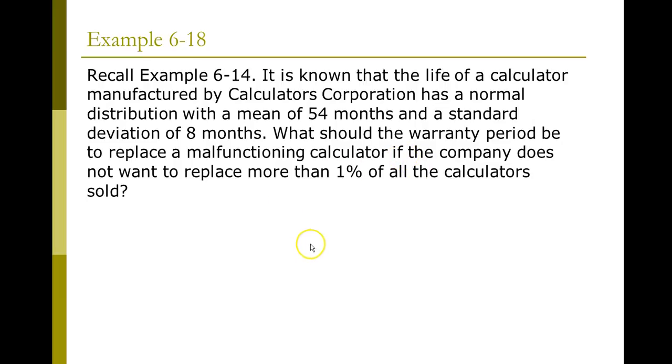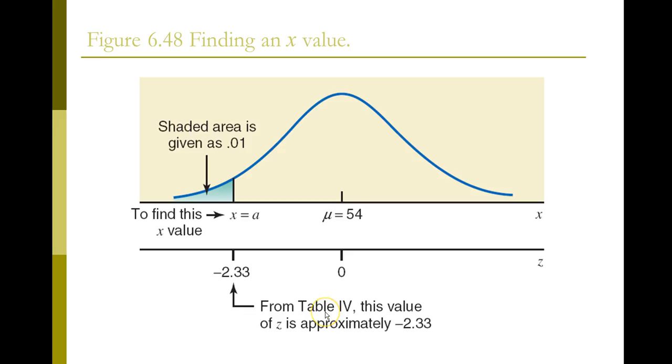So let's see, so here's a picture of it. The mean lifetime is 54. So if we set our warranty up here at maybe 60, then most of the calculators wouldn't last that long. Most of them only last 54.